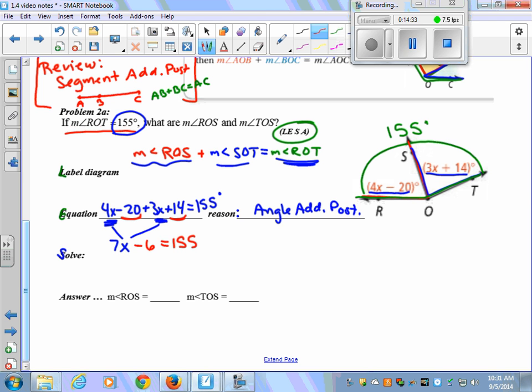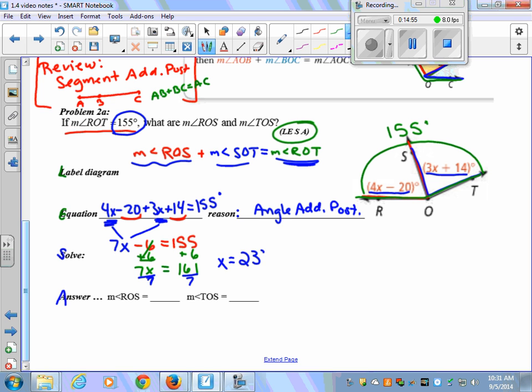In order to solve, we're going to add 6 to both sides, and we end up with 7x equals 161. To solve for x, we need to divide by 7 on both sides, and we end up with x equals 23.